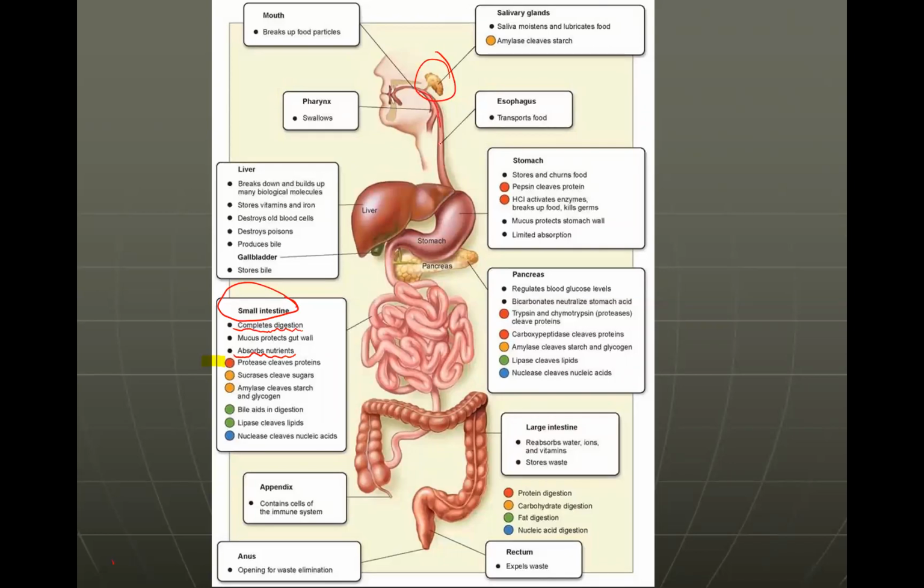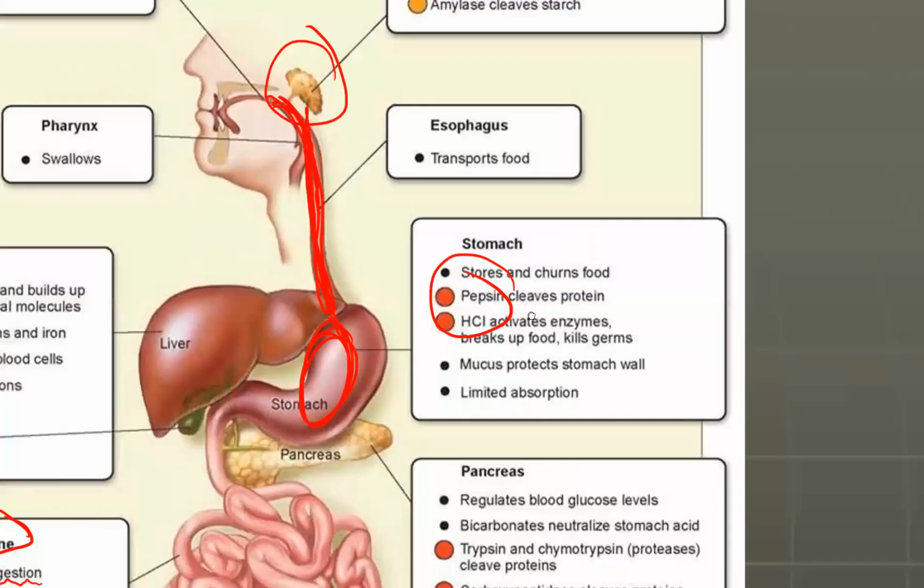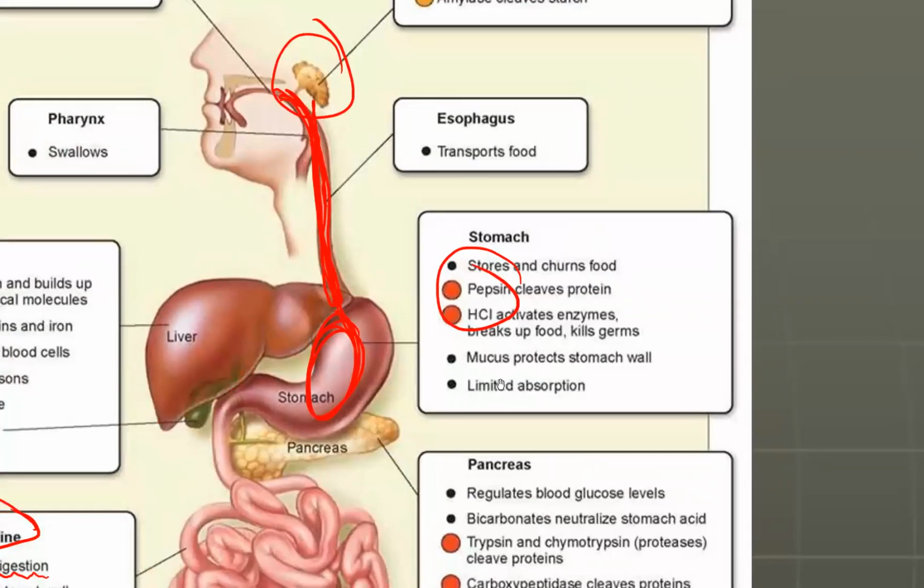That food goes down into your stomach through the esophagus, and then in here you have some digestion, specifically protein digestion through an enzyme called pepsin, which you can see here. All right, so you're going to get some digestion there.